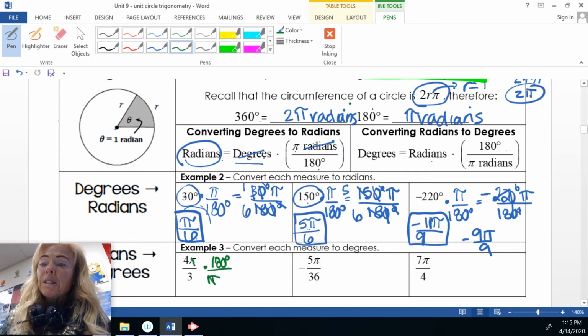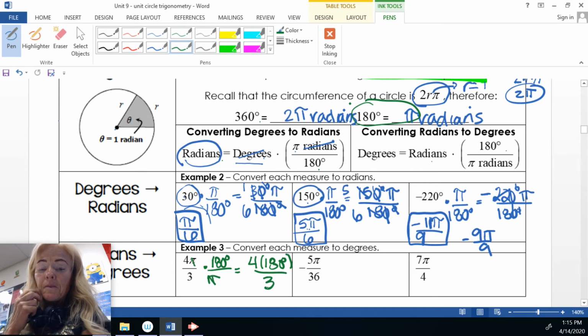And because up here we said 180 degrees is equal to pi, what I like to do is just replace the pi with 180 degrees. Because that's what you're essentially doing every time, because pi is 180 degrees, and that way you have your actual degree equivalency to your pi's. So 3 goes into 180 60 times, and then 4 times 60 is 240, and now we've gone from pi's to degrees.